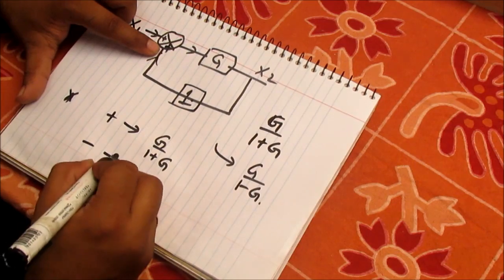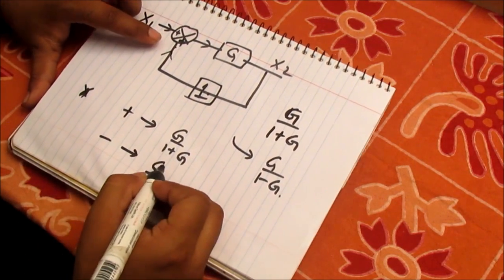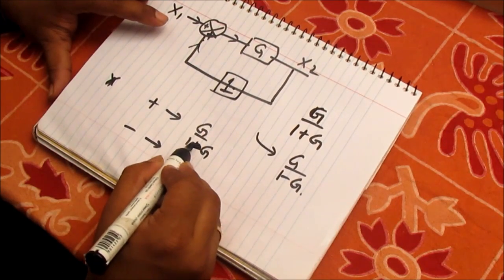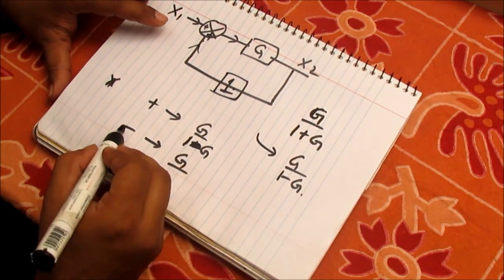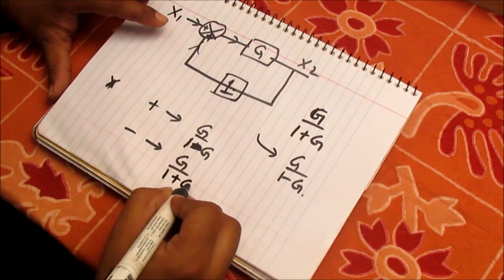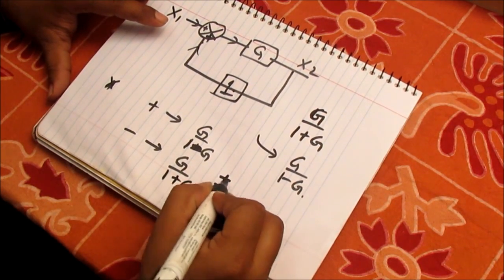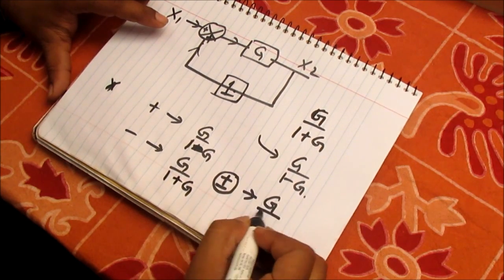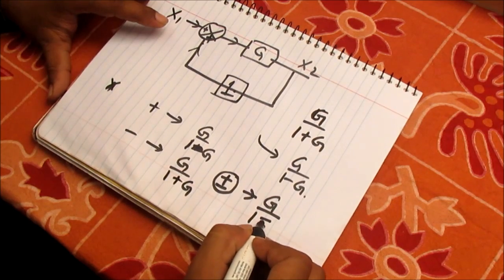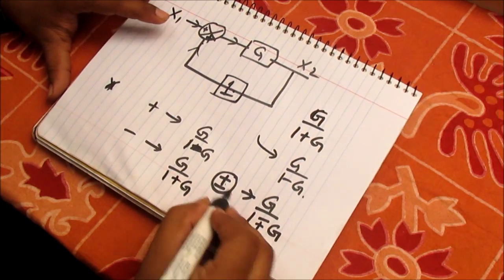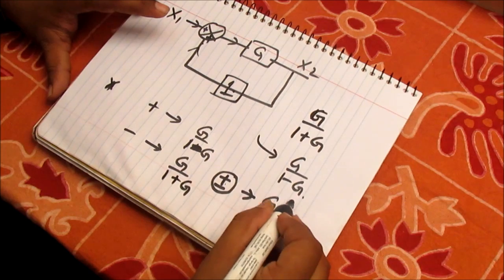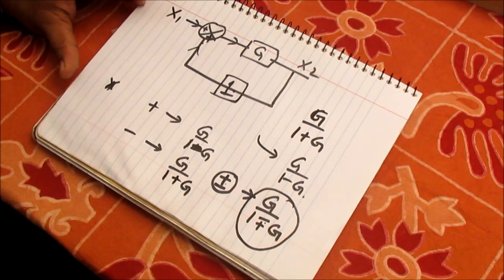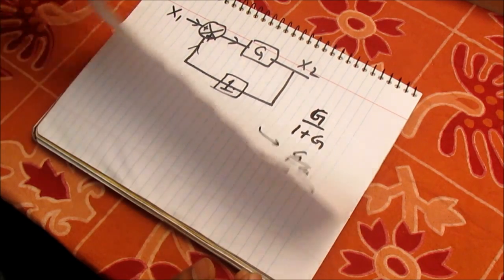And if it is plus minus sign, here I will write G/(1 minus plus G). So plus minus, minus plus. So we have seen the special case of a unity feedback system.